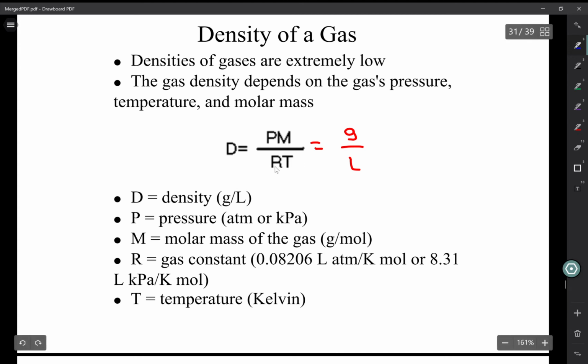So that's molar mass over R, which is your gas constant, and your temperature, which is in kelvins. When you combine them and cancel out units, this will be your gas density in grams over liters. I know typically you do grams over milliliters, but with gases, they usually do grams per liter. Still a legit unit for density because it's mass over volume, just like all other density units. That's the equation we're going to use.